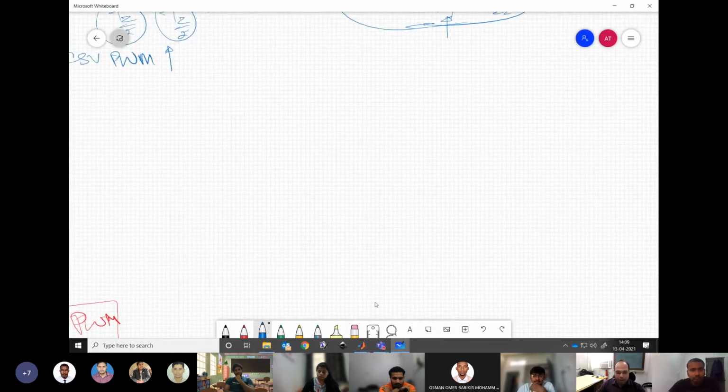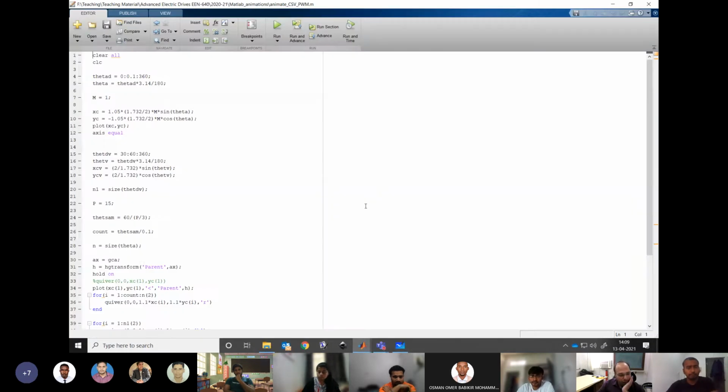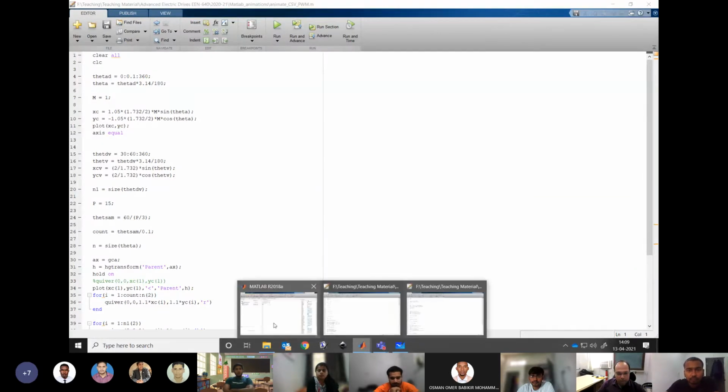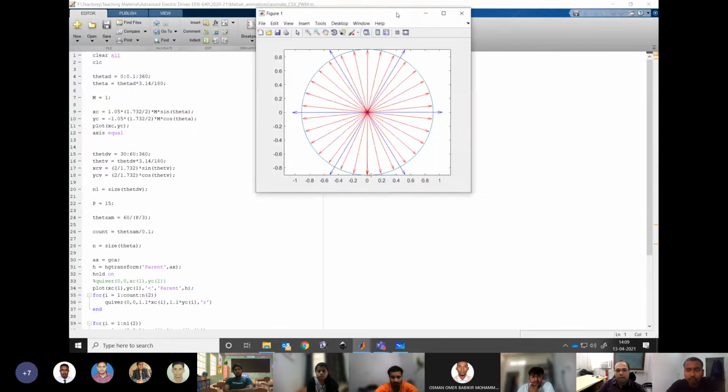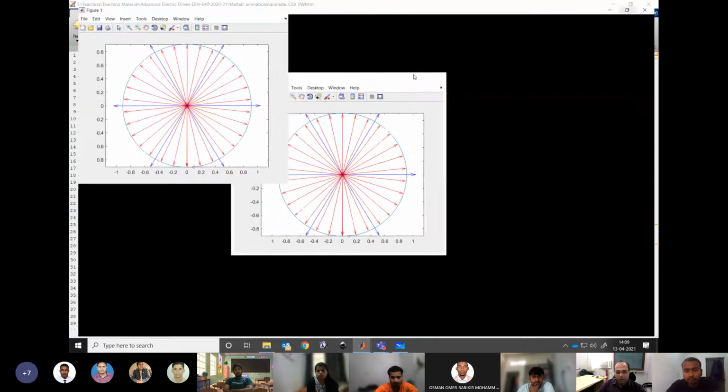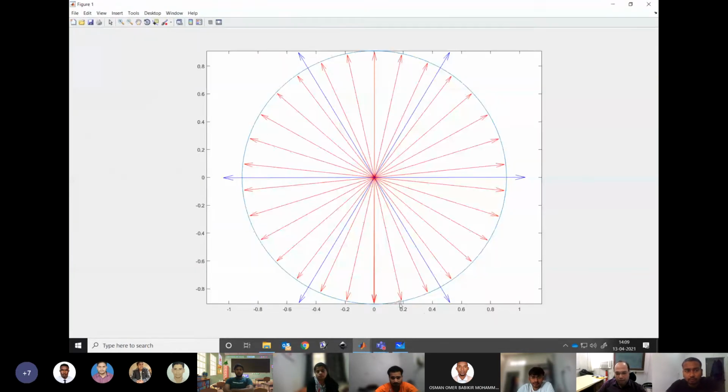Okay. So let us try to see how the space vector looks a little bit. This is a little tricky to draw, so let's have a feeling of how it looks. Here, the small dot which is moving, are you able to see this? Yes, sir. This is your voltage vector, which is rotating continuously.